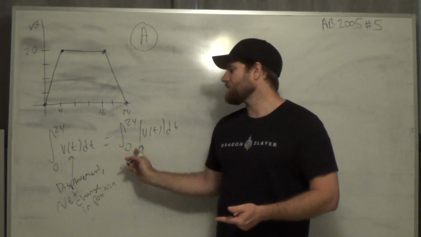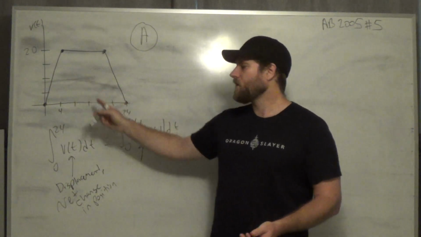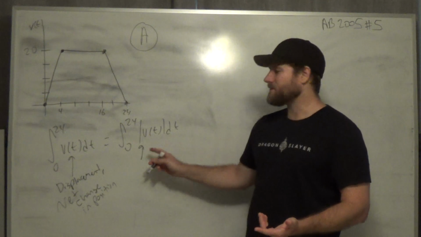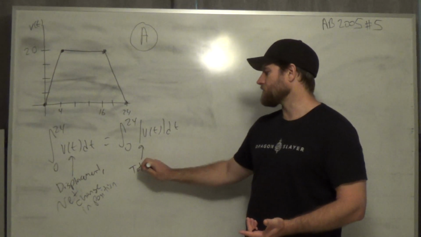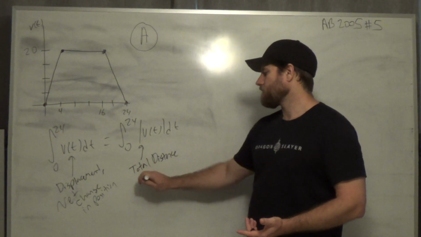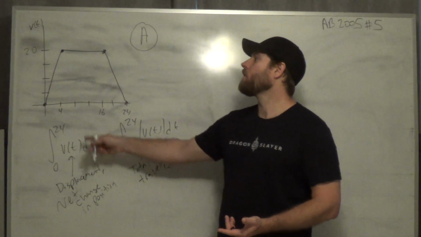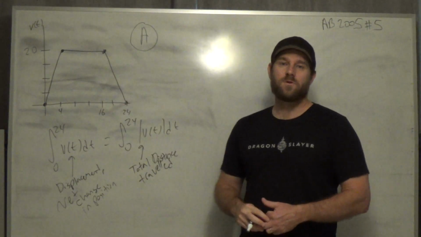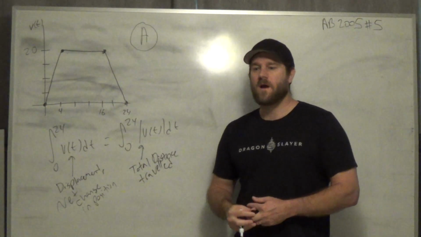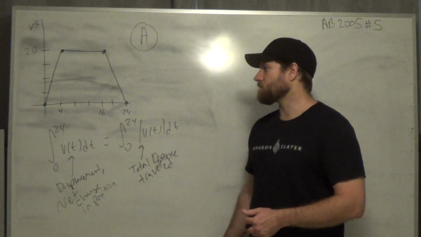So, yes, we could say this is the net change in position, but something even better we can say is it is total distance traveled. This doesn't always work. This is only true when your graph or your equation is positive the whole time. If the graph is always positive, then your net change in position is your displacement.